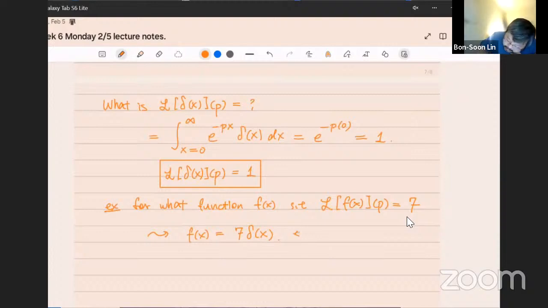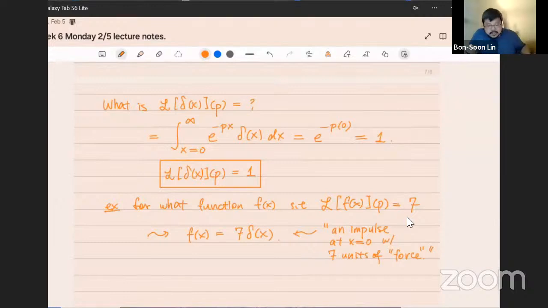So this is interpreted as an impulse at x equal to 0 with 7 units of whatever force or energy you like to think about in this particular situation.